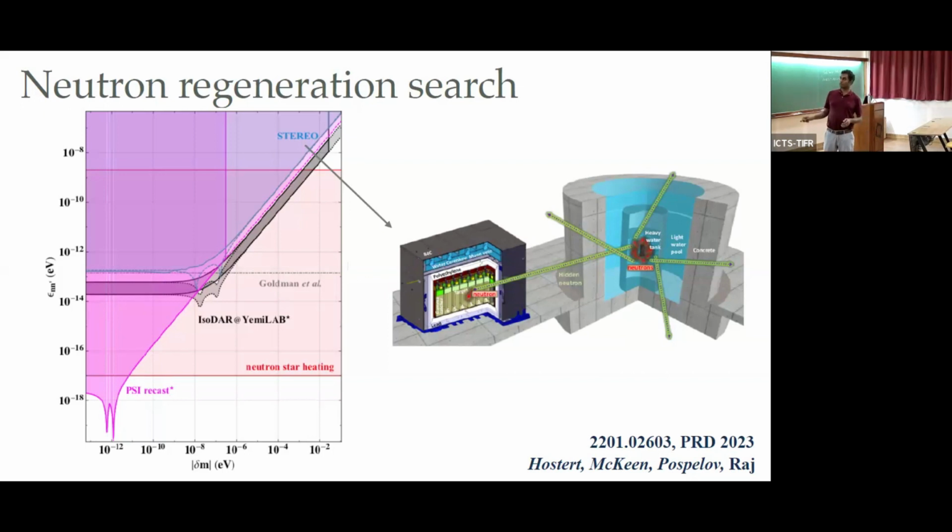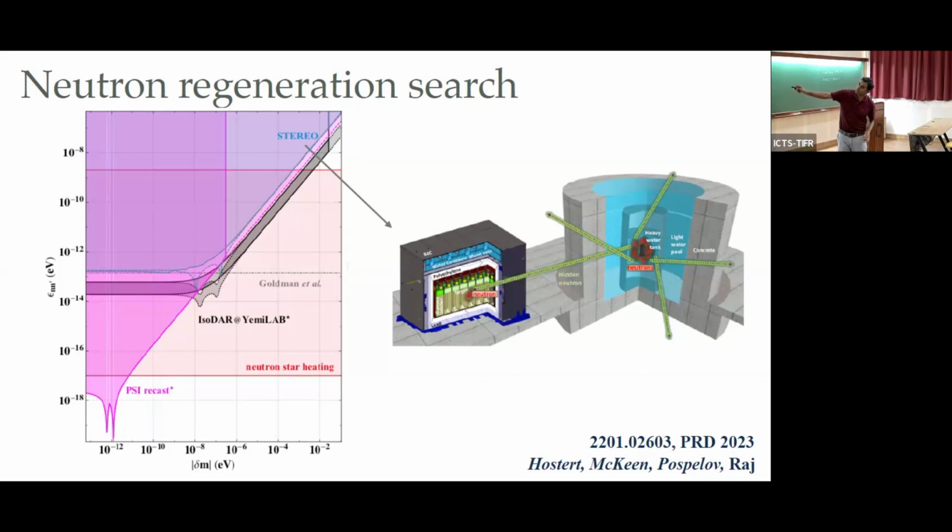This one is STEREO in Paris, I believe, and again, I forget what the source is, but they basically produce a very intense flux of neutrons, and then the neutrons are led to regenerate through heavy water and through the concrete, and you have these polythene detector modules in which you can detect the neutrons that got regenerated. Okay, and they set a limit that looks like this.